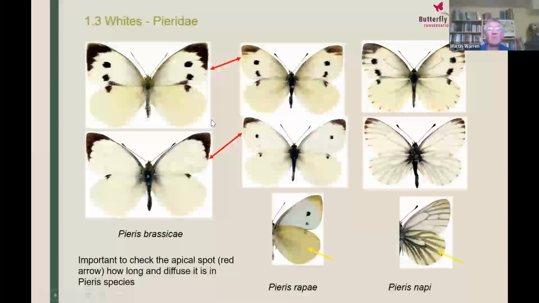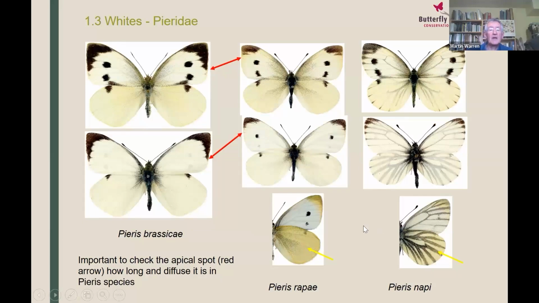So just an example, here's 2 very, very common butterflies. This is the Pieridae brassicae and Pieridae rapi and Pieridae napi. So these are the 3 common whites that you'll see. The brassicae is the biggest, has big black margins. Rapi has smaller black tips, and napi has these very prominent green veins on the hind wing.